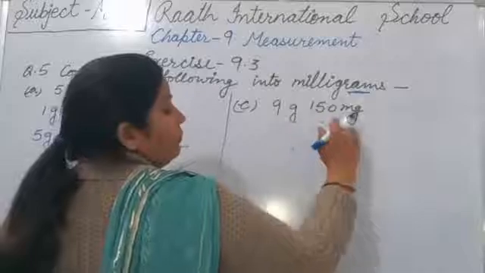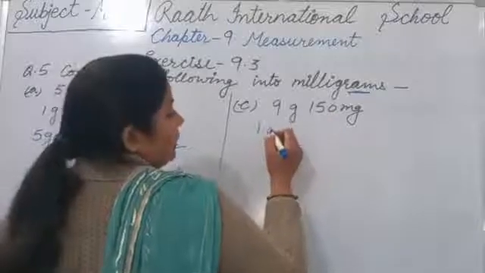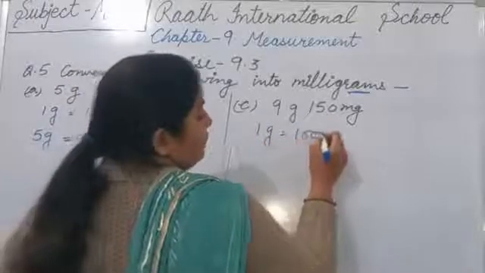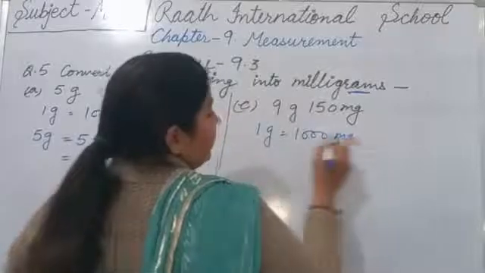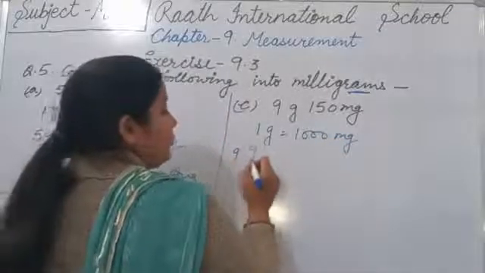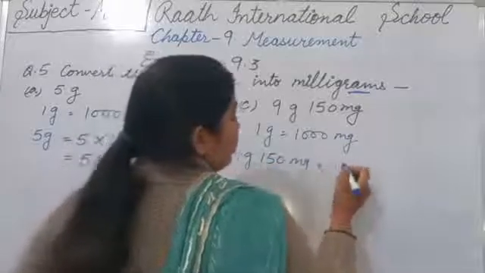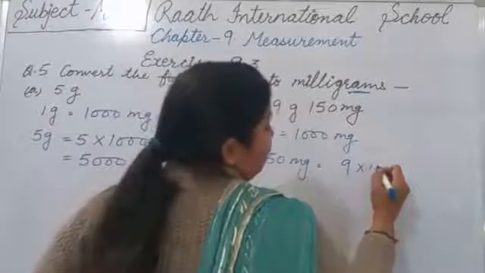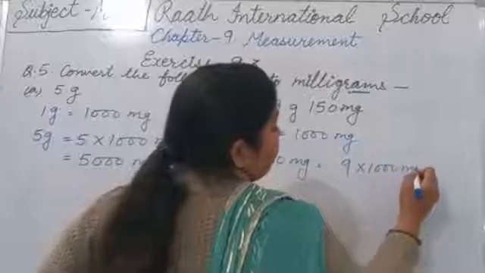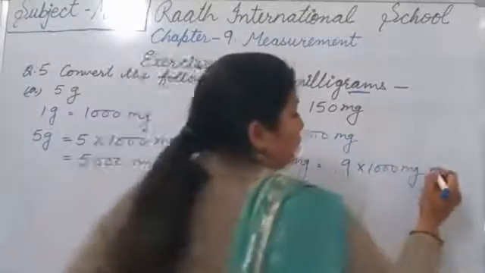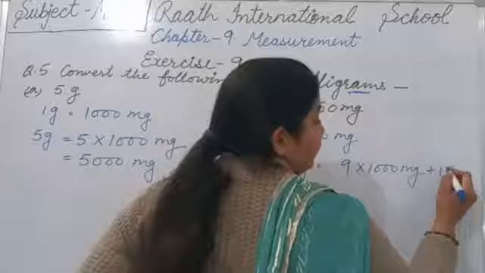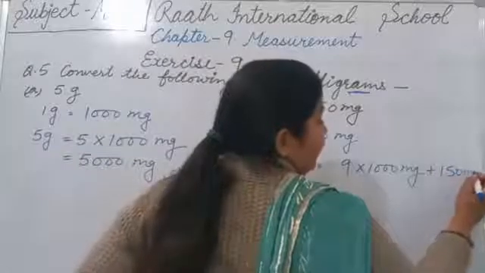9 gram 150 milligram. Same, 1 gram equals 1000 milligram. Now here is 9 gram 150 milligram. So that equals 9 multiplied by 1000. Now it's become milligram. And 150 is already milligram. So plus 150 milligram.